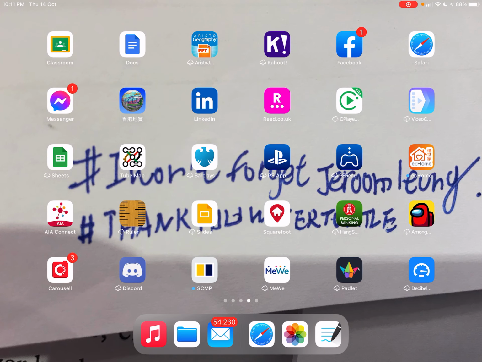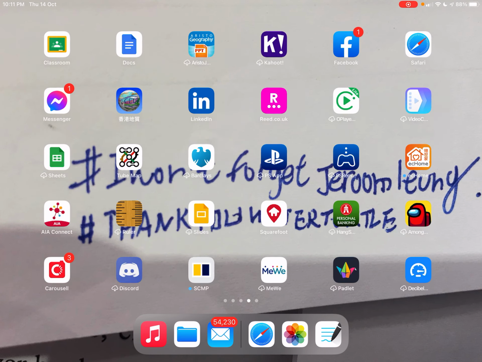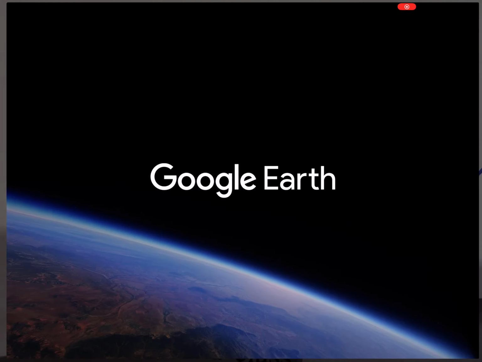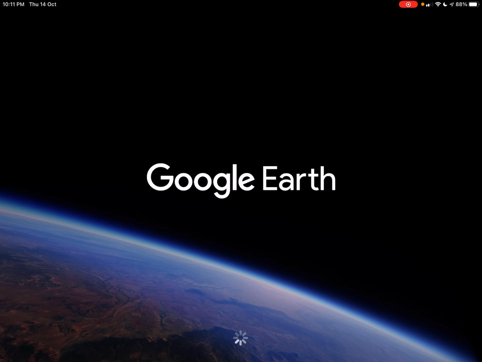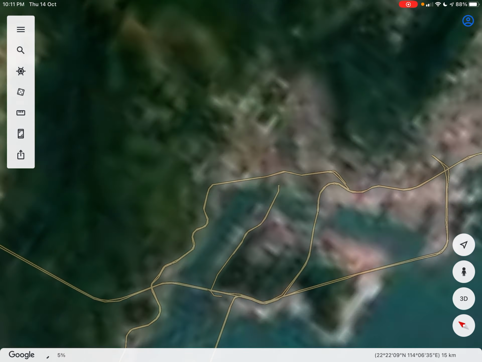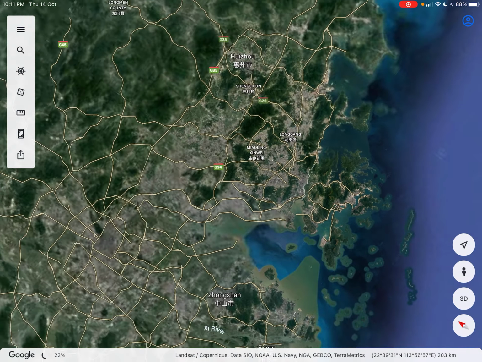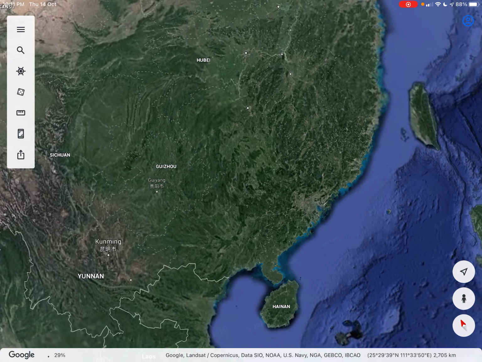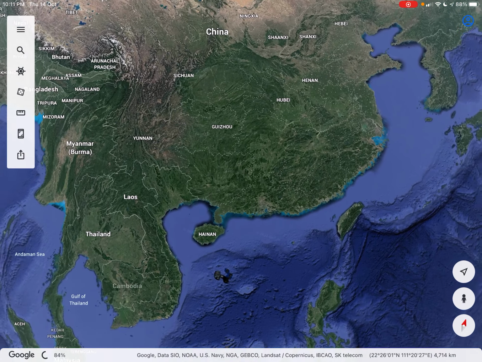Mostly, if you are talking about the coastal region of China, I think it deserves a mark, okay? Because it's quite open-ended here.